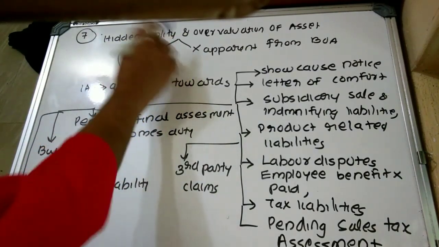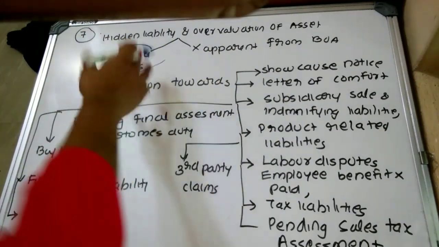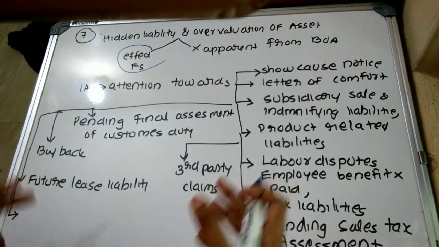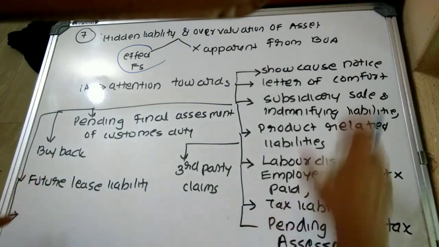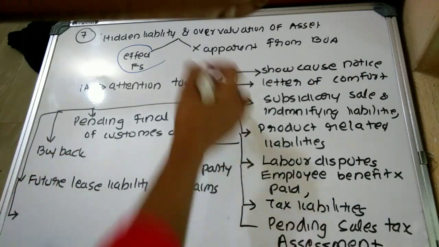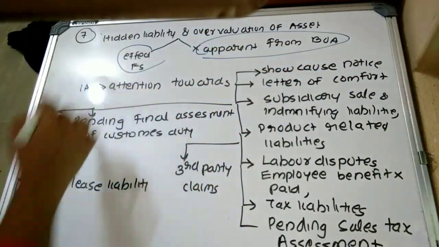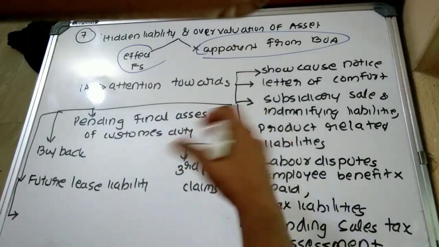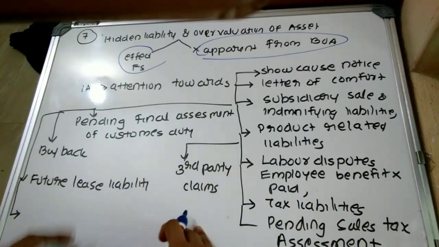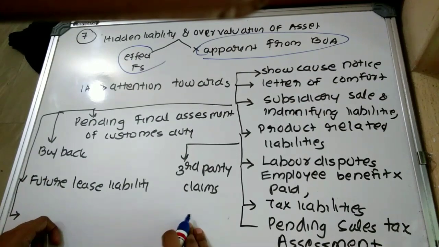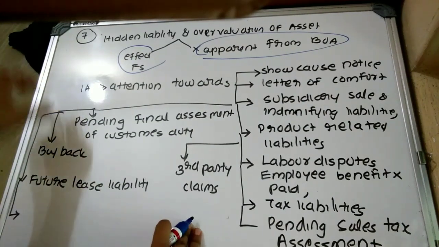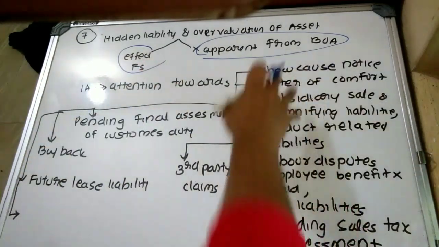Yes, they will. But it is not possible to understand hidden liability from the books of accounts. It may not be possible. We can't easily identify or determine hidden liability and overvaluation of assets, etc. So the investigating accountant should give attention to these aspects.